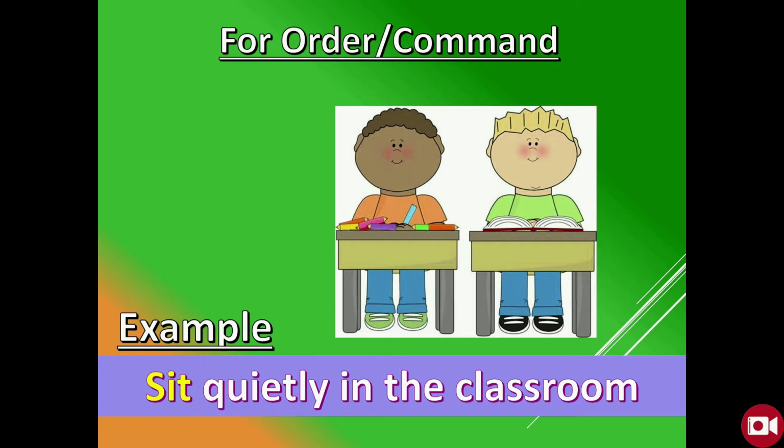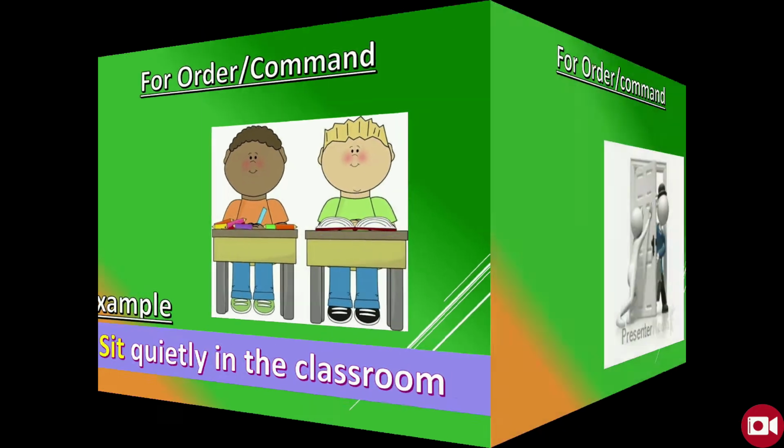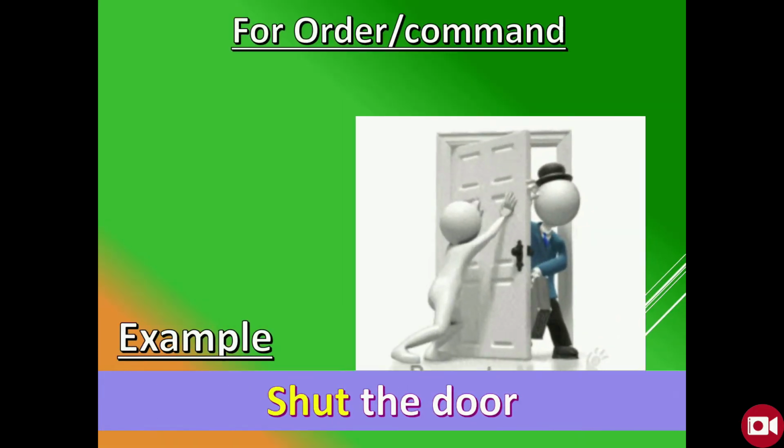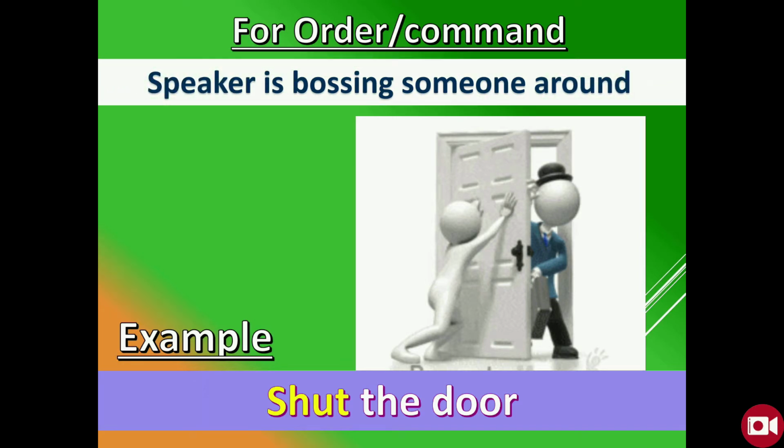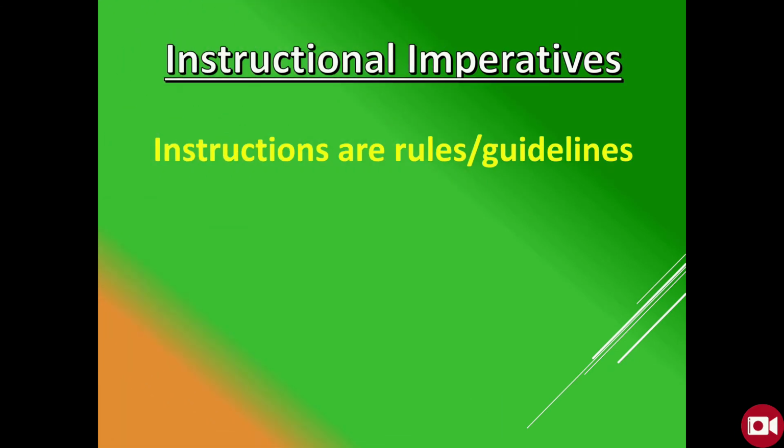This is an imperative sentence and the verb sit is an imperative verb. It's like an order and a command. See the next example: shut the door. In this example, the verb shut is also an imperative verb, and you notice that it's like the speaker is bossing someone around.